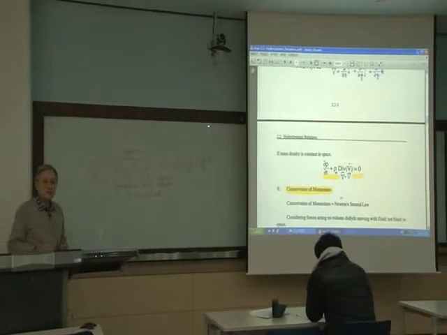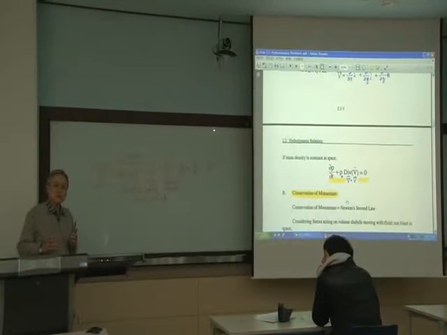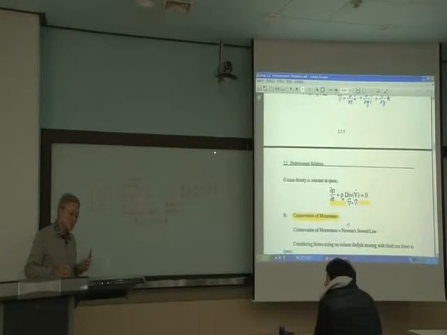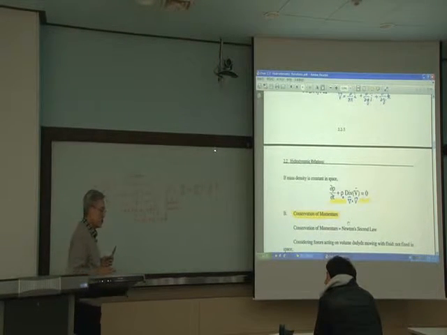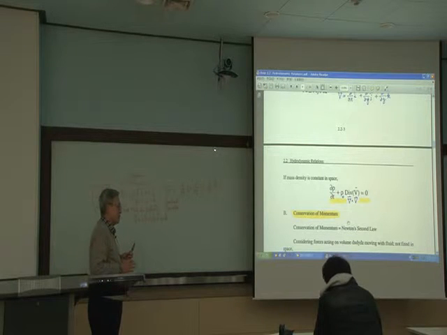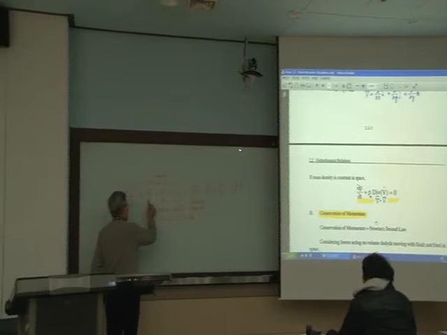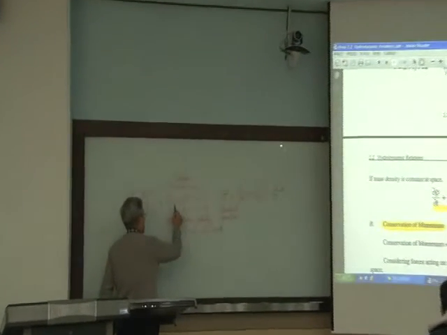But what happened? I told you that for an underwater explosion wave, a shock wave in the water, you could treat rho as a constant in space. For a constant in space, the del operator is a spatial operator applied to rho.